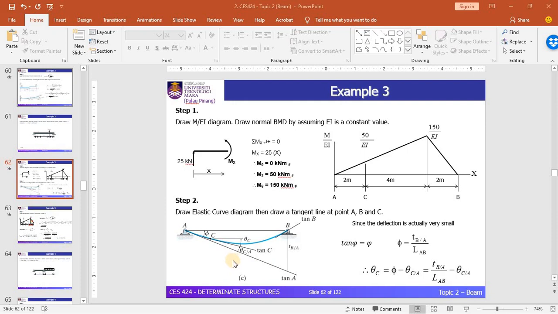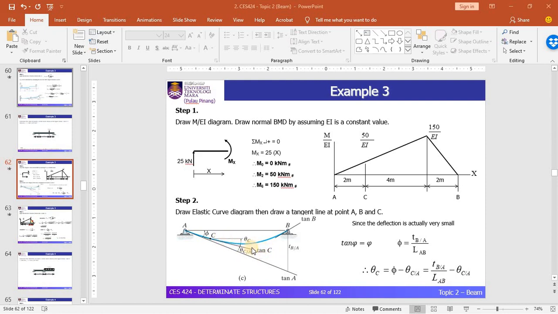Once you have drawn the tangent line for each point, A, B, and C, you can indicate the angles. Since in this problem we need to calculate the angle at point C, and as I have mentioned, to indicate the angle of a point you need to draw a horizontal line parallel to the beam. For instance, at point C you draw this horizontal line, and the angle theta C is measured from this horizontal line towards the tangent C line.